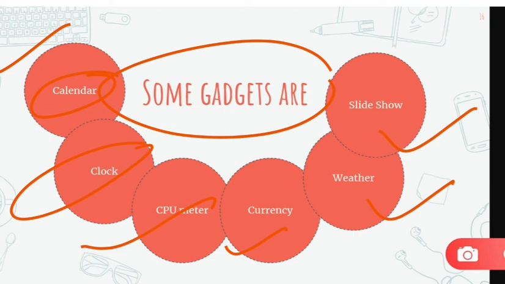With the calendar you can set the calendar, with the clock you can set the clock on your desktop, the CPU meter, currency, weather, and the slideshow. If you want to set a clock, how will you set it?